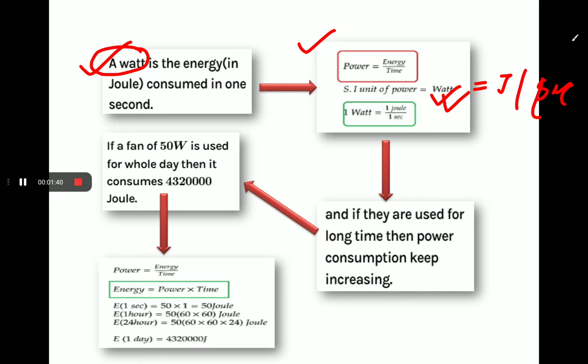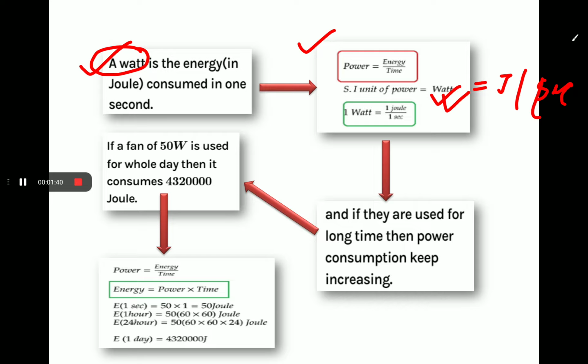In the next slide, the amount of energy is given in joule, which is the amount of energy consumed when we operate a fan of 50 watt power for 24 hours. Now we have to convert this amount of energy, which is in joule, into kilowatt hour.